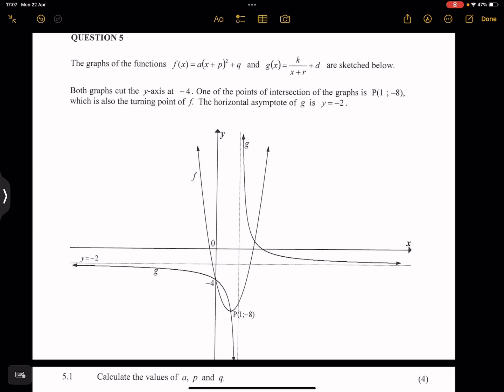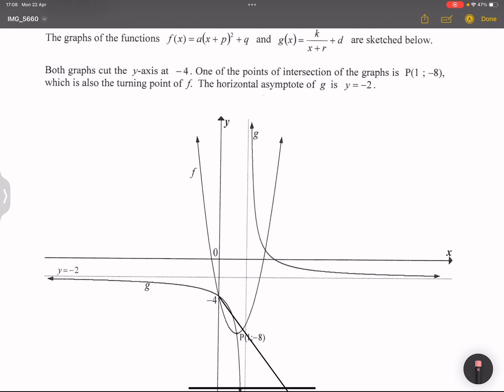They say we've got a graph of the functions f of x, which is a times x plus p, all squared, plus q, and g of x, which is k over x plus r, plus d. They are sketched below. Both graphs cut the y-axis at negative 4, marked out there.